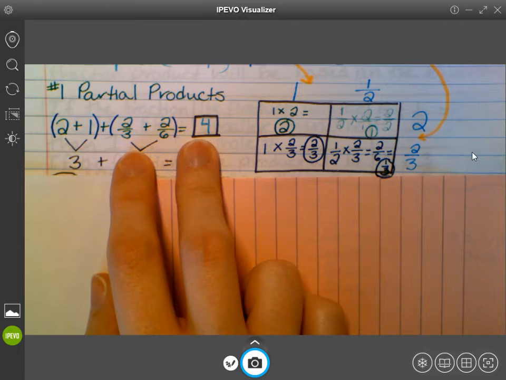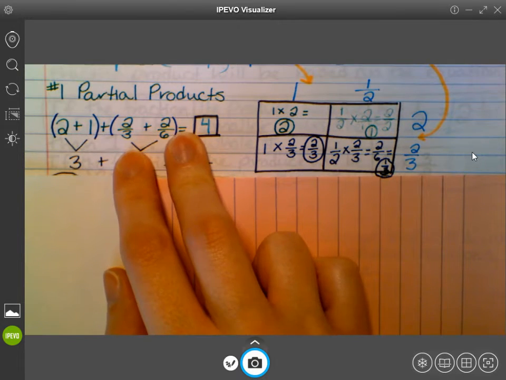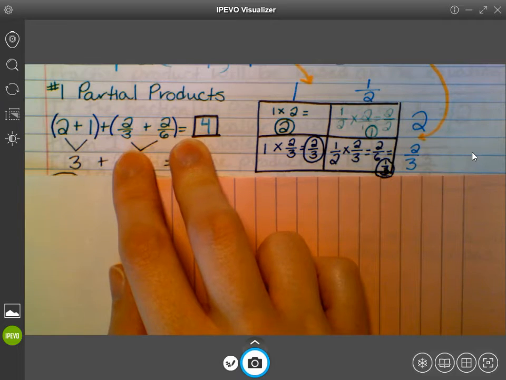Okay, so one way you could have done this is what Richie was talking about. Richie recognized that 2/6 can actually be simplified to 1/3. So then you would have 2/3 plus 1/3, which would get you 3/3. Now, what is 3/3 the same as? 3/3 is the same as 1. You also could have thought, okay, 3 and 6, 6 is the common denominator.